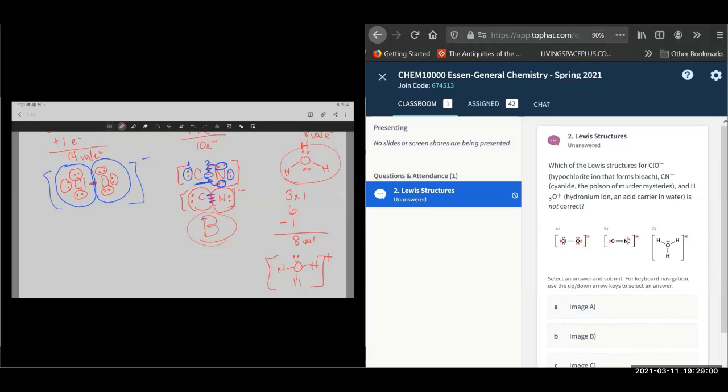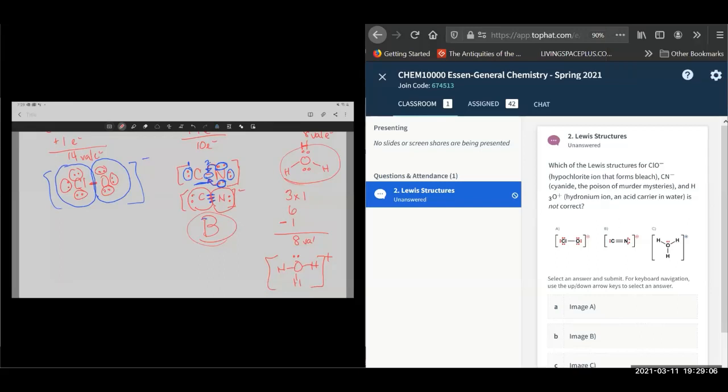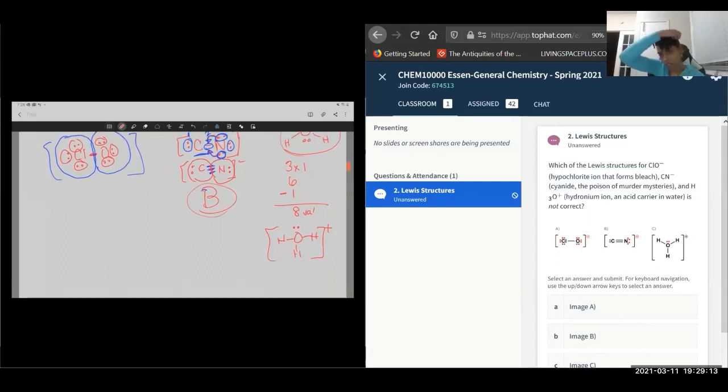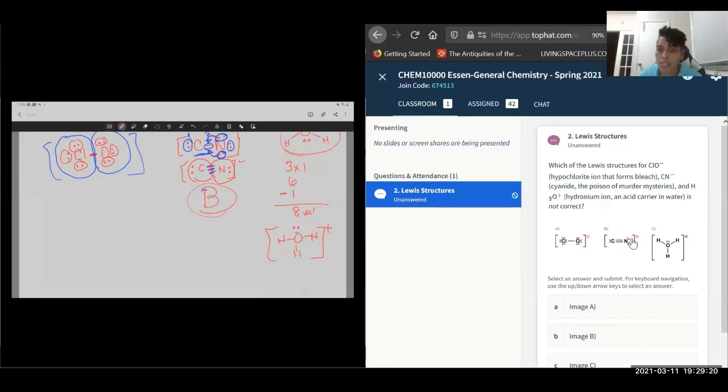Professor, can you explain why B is wrong again? Oh, okay. If you look at the answer for B, notice that it's got 2 lone pairs of electrons here, where the actual structure only has 1 lone pair and 3 bonds.